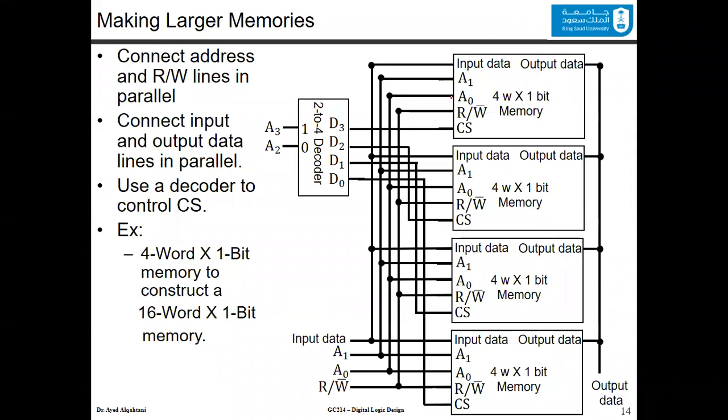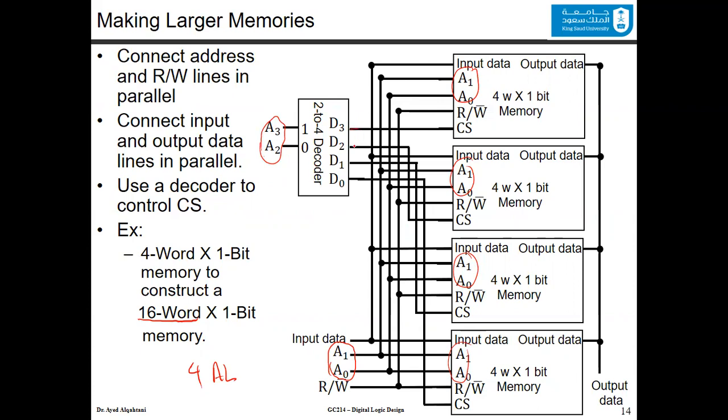Now, to select the correct location, we need to manipulate the address lines this way. First, since we are building 16 different words, we need 4 address lines. Of those 4 address lines, the least significant 2 bits will be connected to memories directly. We connect them here, here, here, and here. The most significant 2 address lines we connect to a 2 to 4 decoder.